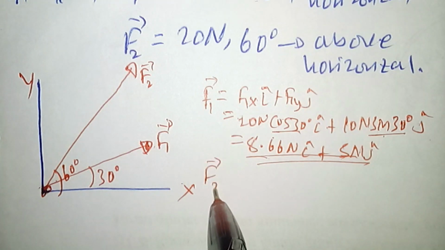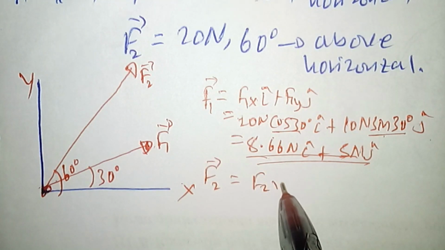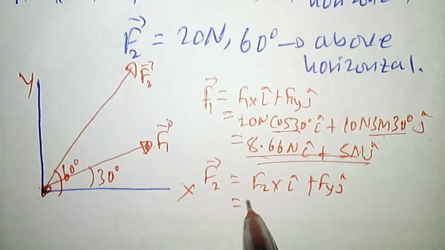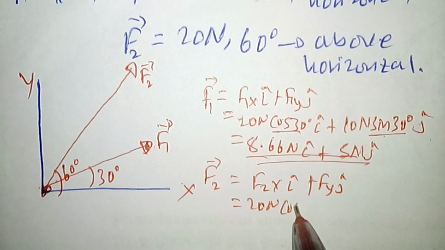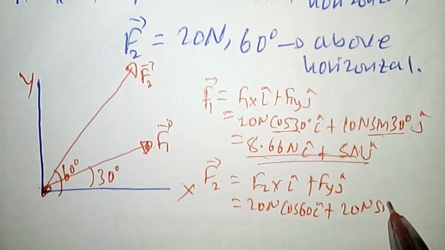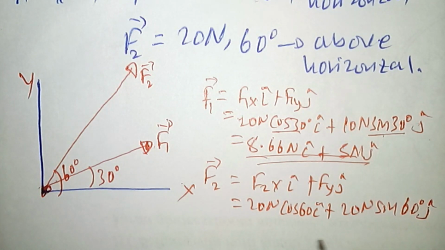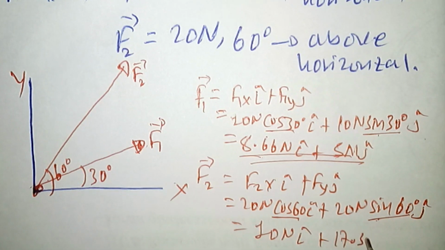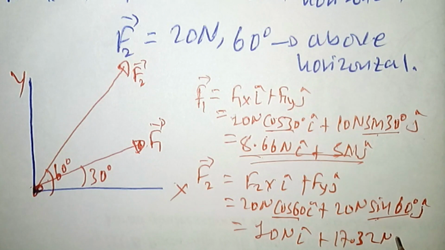The components of force 2 are F2x i and F2y j, which is 20 Newton cos 60 degrees i plus 20 Newton sine 60 degrees j. Cos 60 degrees is half and sine 60 degrees is 0.866, so this is 10 Newton i plus 17.32 Newton j. This is the component of the second force.